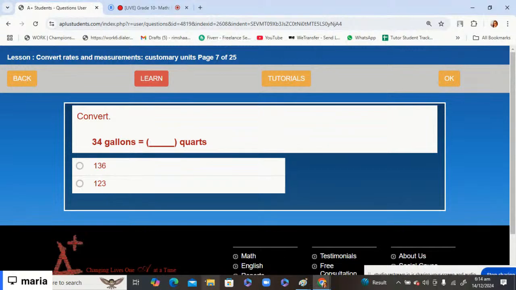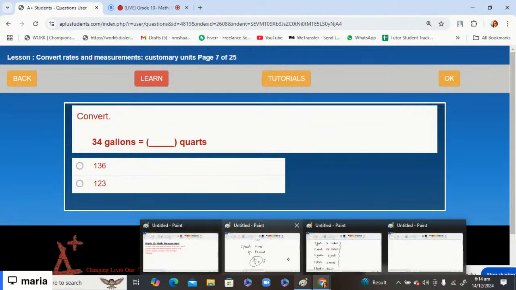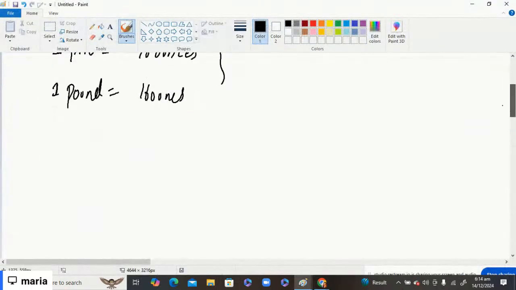Look here, quarts and gallons are involved now. Let's see. 1 quart is equal to how many gallons? I'm going to put it here. So 1 quart is equal to 0.25 gallon.